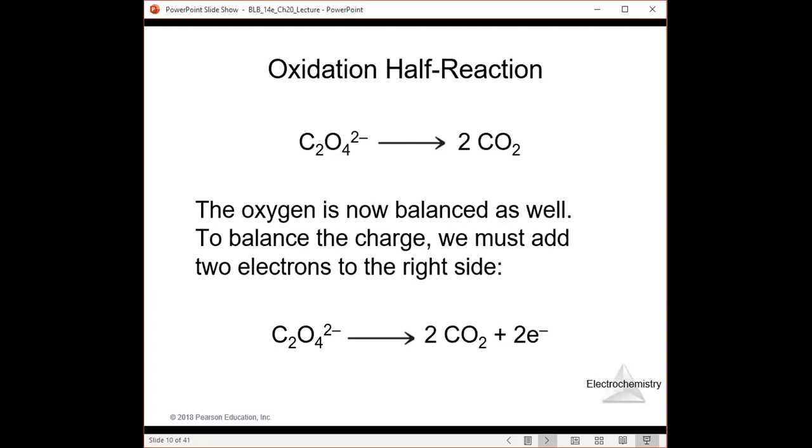Those electrons, so this part is balanced for now. All right. So you guys see that it's balanced.